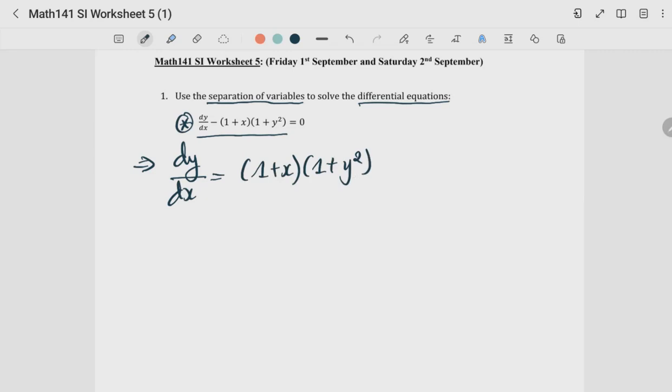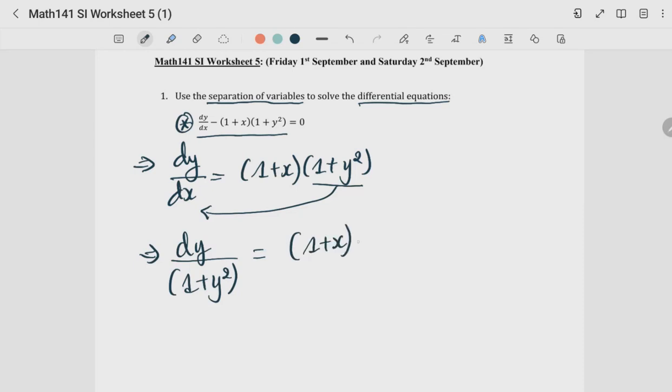So now let's bring in the y onto the left-hand side. So that would mean we have dy over 1 plus y squared, right? And we bring in the dx to the right-hand side, is equal to 1 plus x dx.